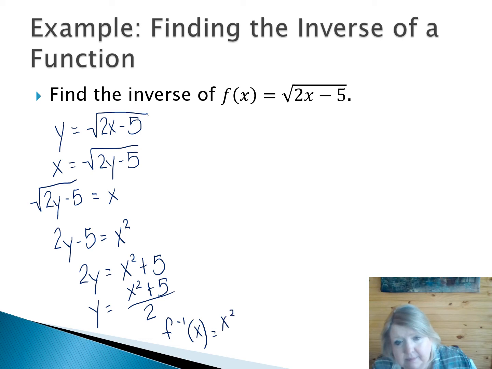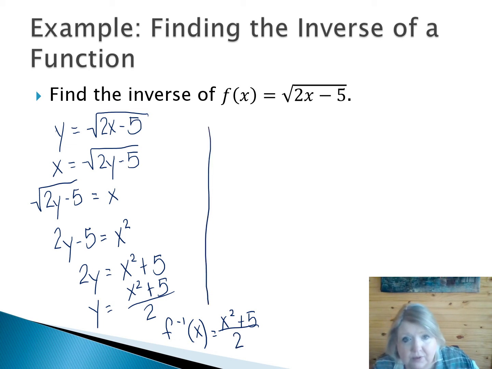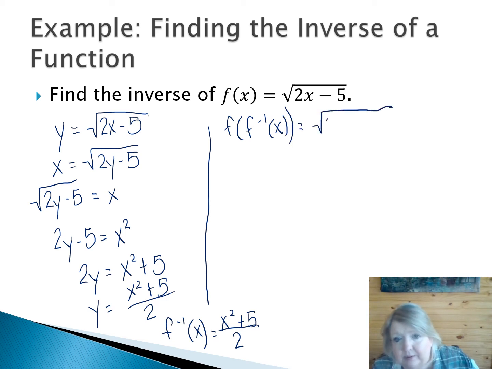Now to be sure, I have to check f of f inverse and f inverse of f. So f of f inverse first, just because it's a habit. So I'm going to take the square root of 2 times x squared plus 5 over 2, minus 5.